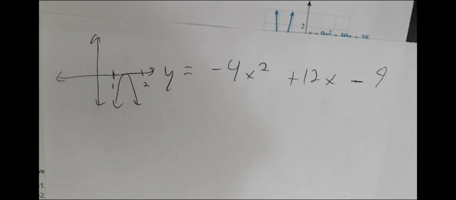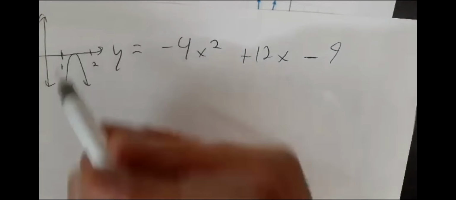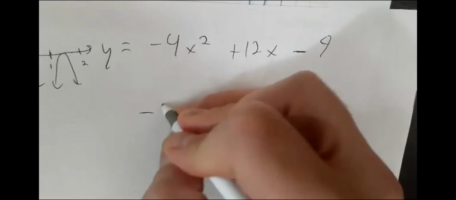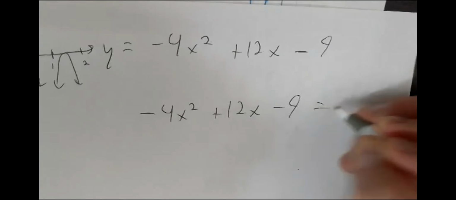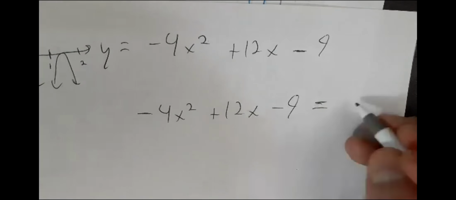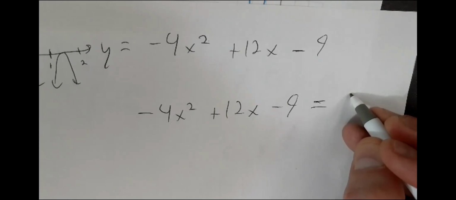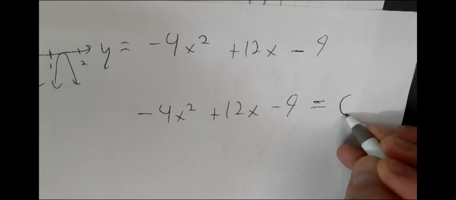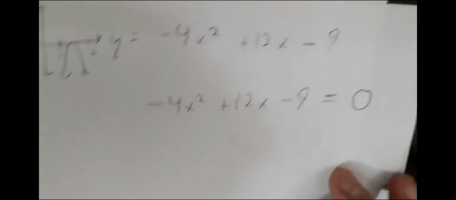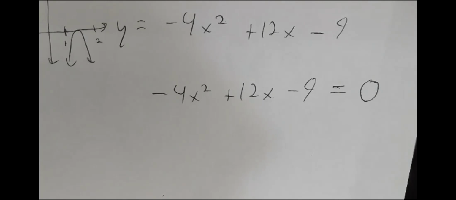How would you factor this thing? Or what's your first step to finding the intercept? So we have our equation. We're going to set our equation equal to 0 to solve for the x-intercept. So we want to factor it.